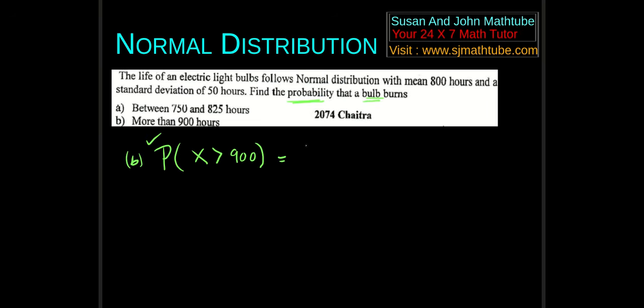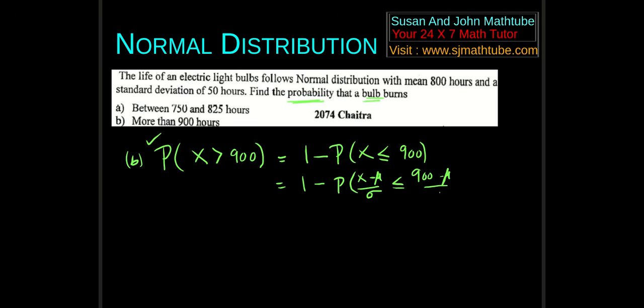Greater than, I hate that greater than, so I'm going to put it as 1 minus the probability of X less than or equal to 900, and X is not standard, so I'm going to standardize it by X minus mu by sigma. That will be 900 minus mu by sigma, and we already know it from the last page.